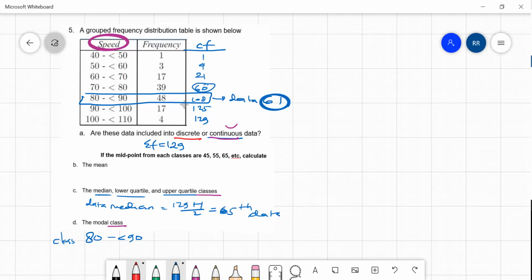Because in here we have 60. After the 60 is 61. So which means that data is data number 61 until data number 108, that is the class 80 until 90, right? So which means that the median is this one. This is going to be the median class, sorry.